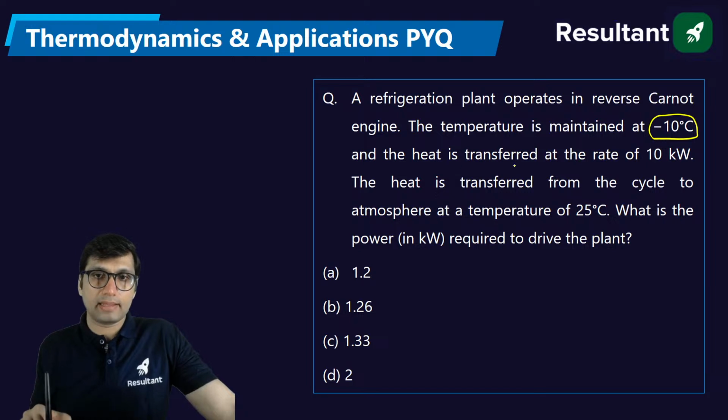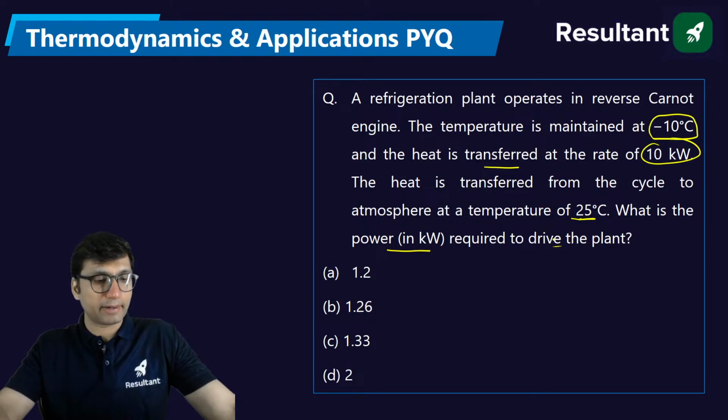Okay, and the heat is transferred at the rate of 10 kilowatt. The heat is transferred from the cycle to the atmosphere at temperature 25. What is the power required to drive the plant?